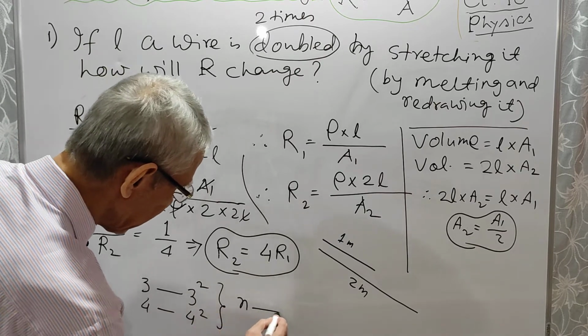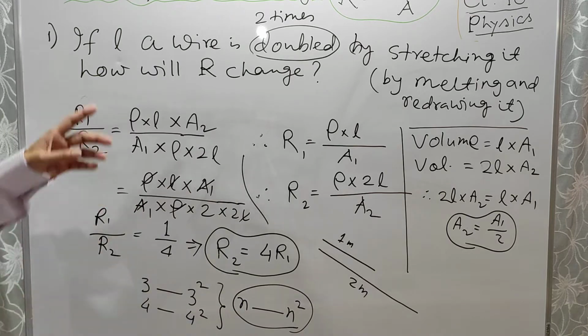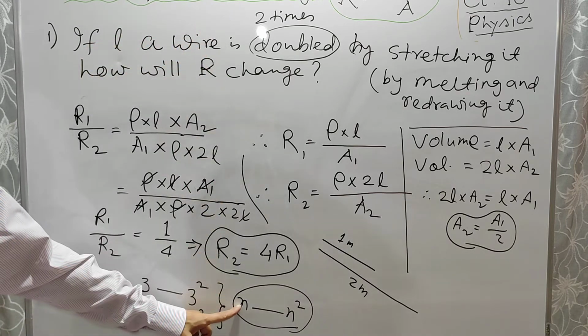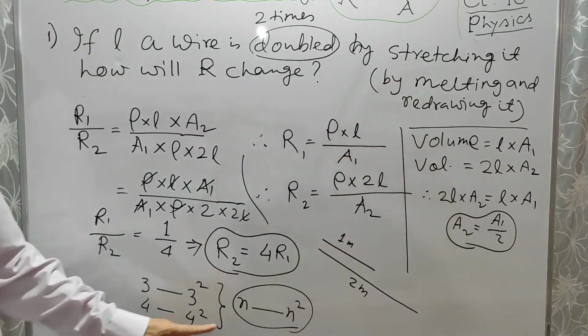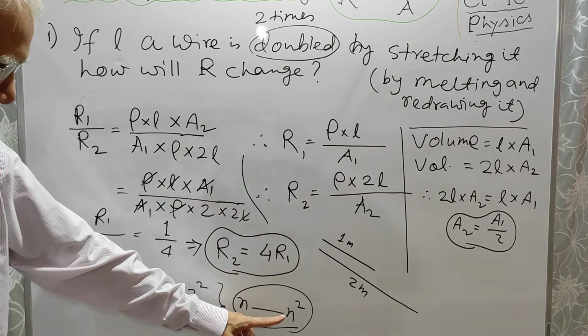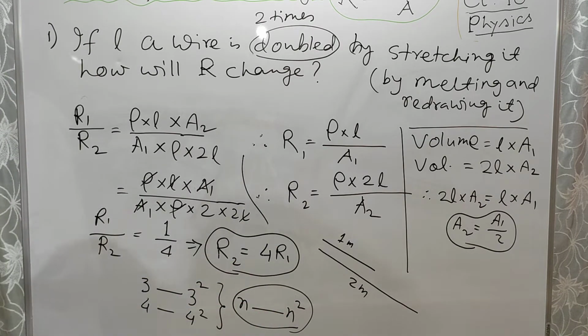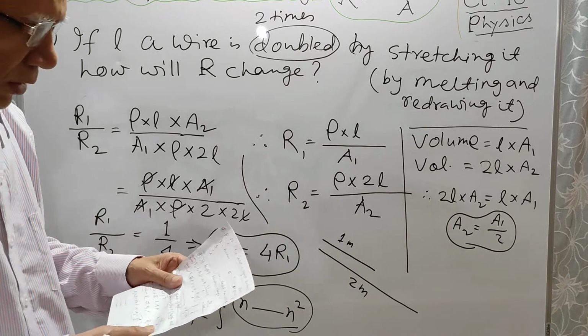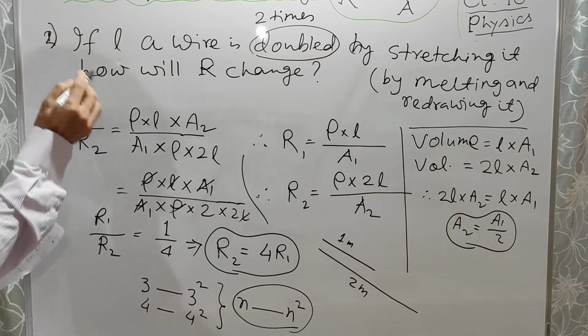So n square. Remember this formula. If we increase the length to n times by pulling, by stretching, or by melting and redrawing, then resistance will increase to n square times. So this is like a formula. So you see the difference between this question number 2 and question number 1.